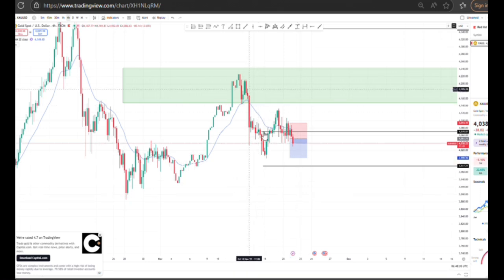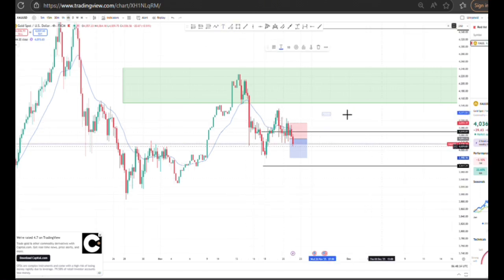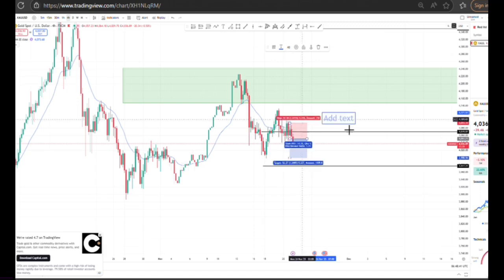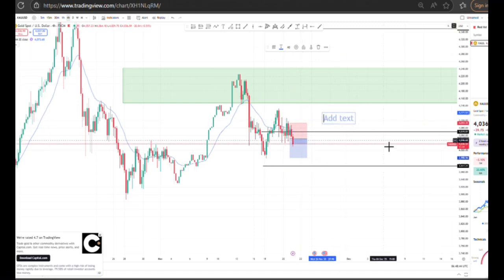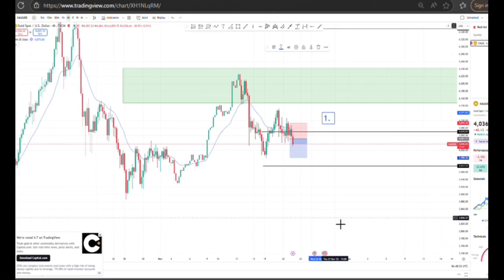So when I see such structure, what makes an entry valid for me is, number one, is the market filled up?